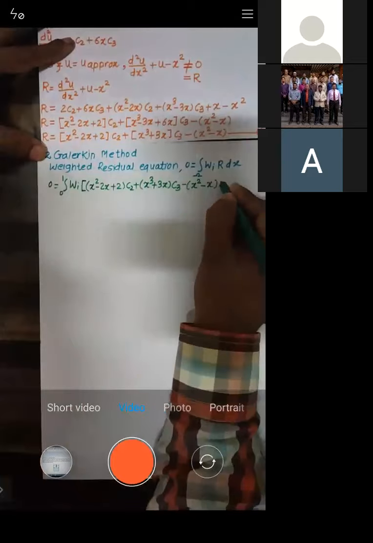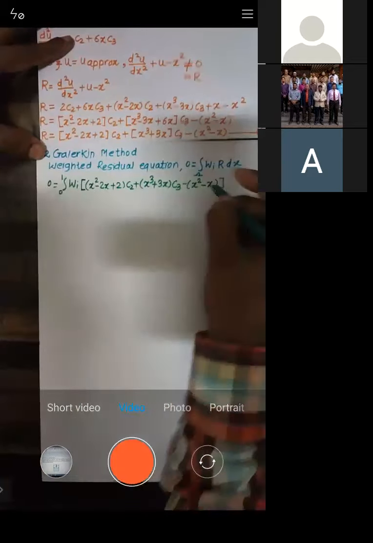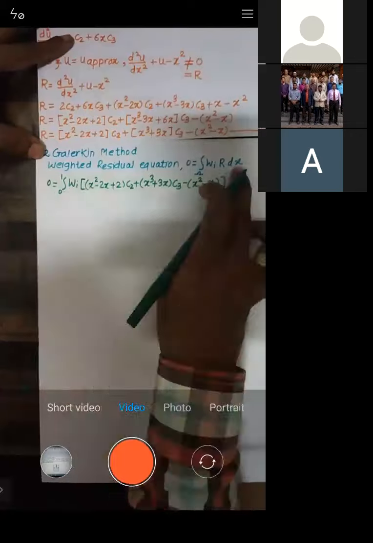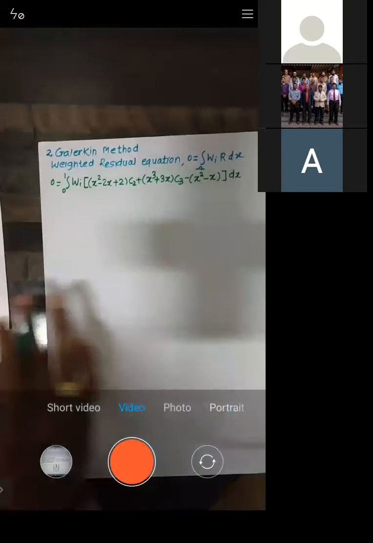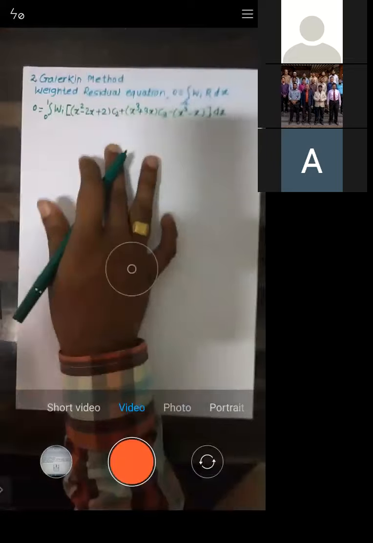Okay, so this is your R, Wi into R into dx. Now the question is, what is the weight function? We need to write down the weight function.